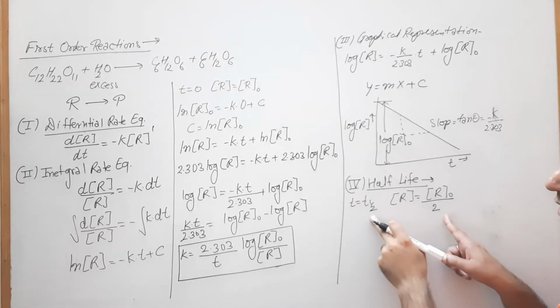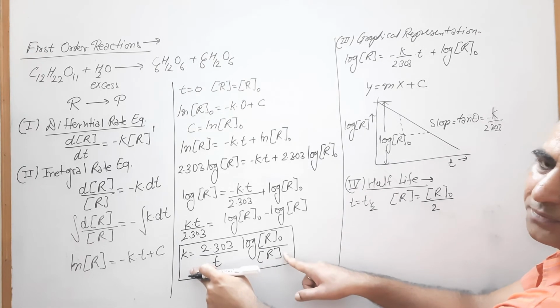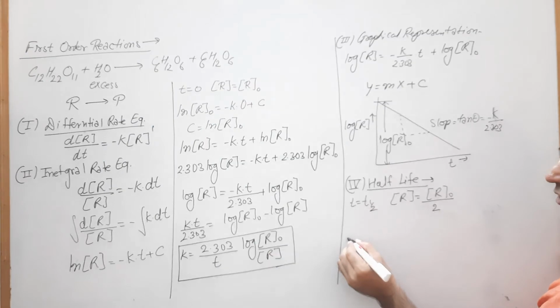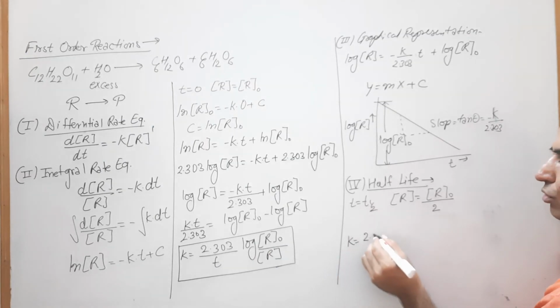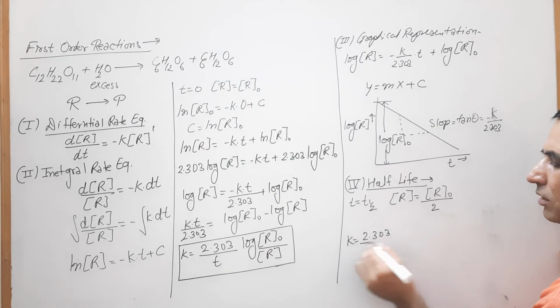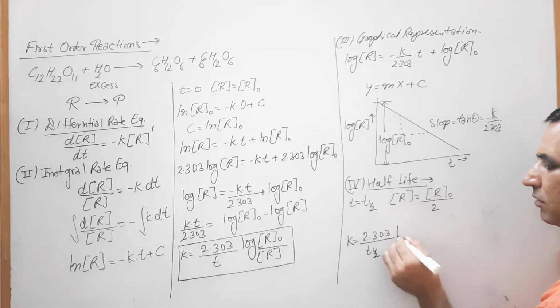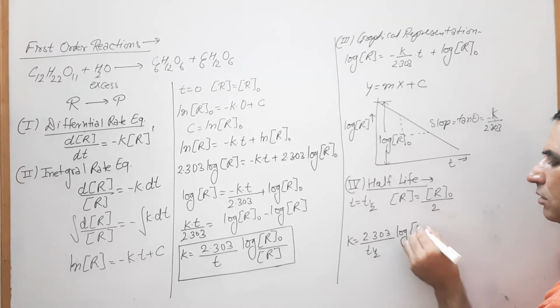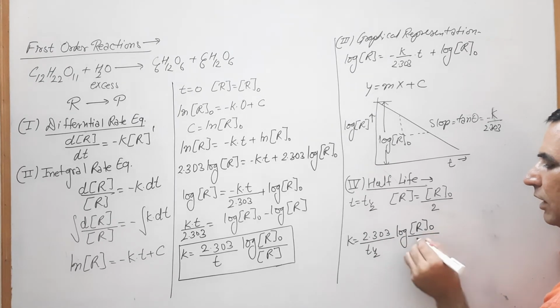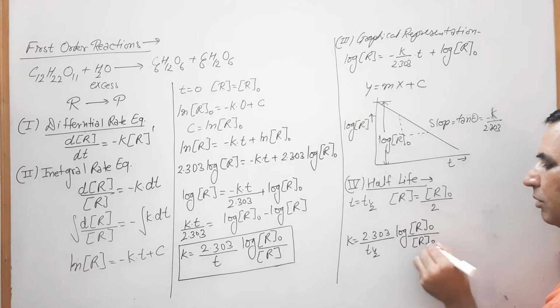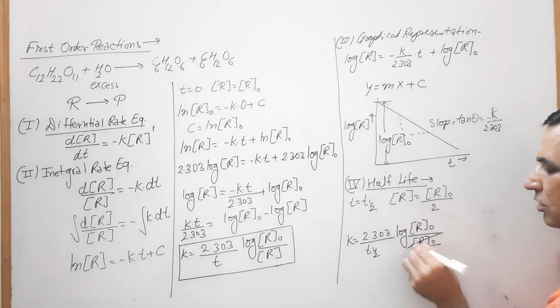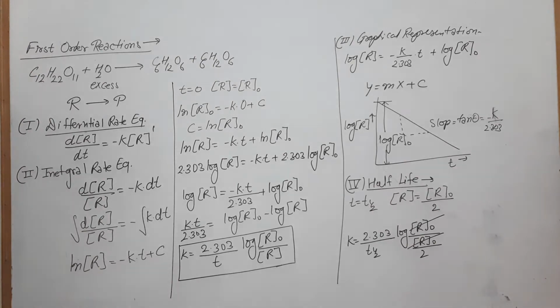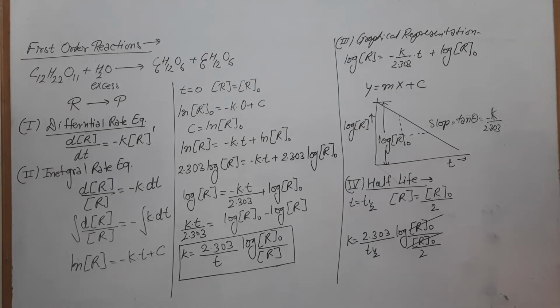We place these two values in this equation. So k equals 2.303 by t half log R0 by R0 by 2. This R0 cancels this R0.